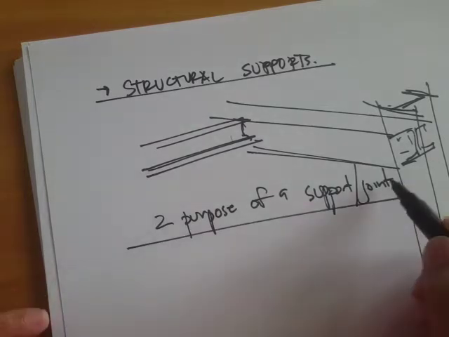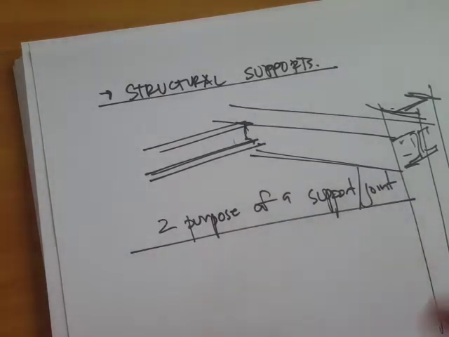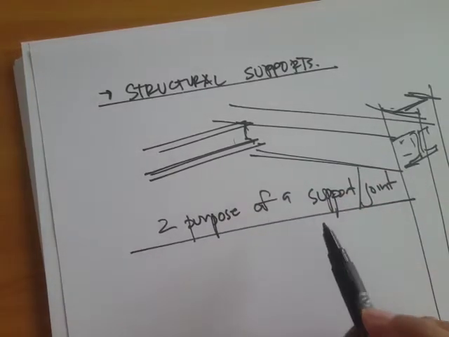So a joint is something like a connection of two members or many members. Whereas support, sometimes you just use it for the ends, or let's say the boundary conditions of the structural member.